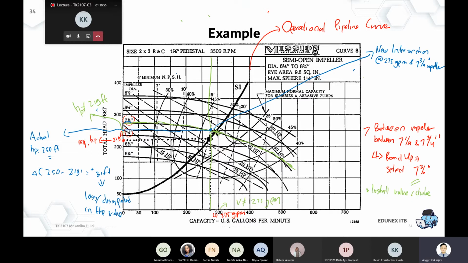And if we want to make an imaginary new operational pipeline curve, as I explained previously, you can do that. So it's like we are making a new operational curve at choke or control condition.